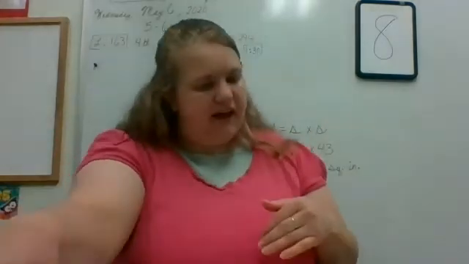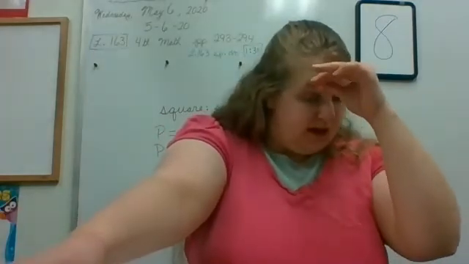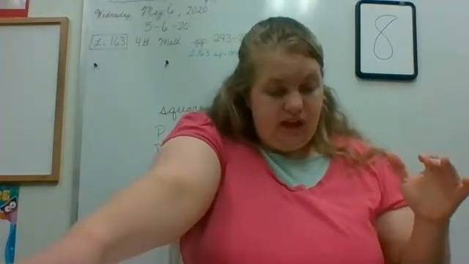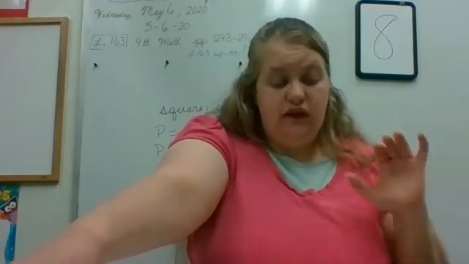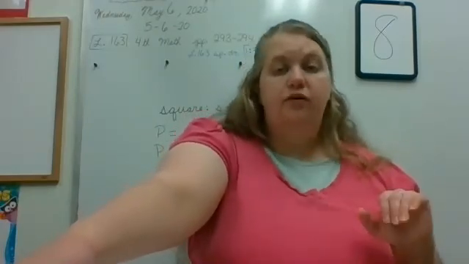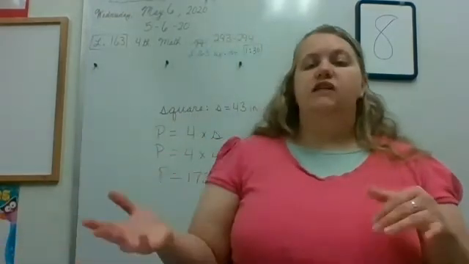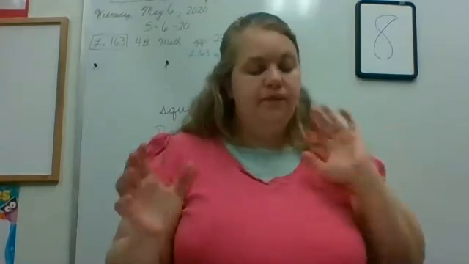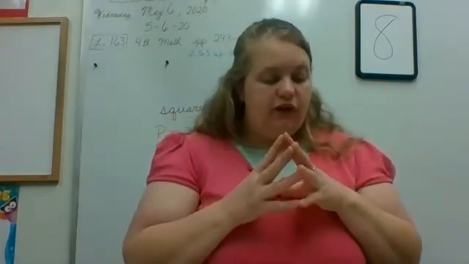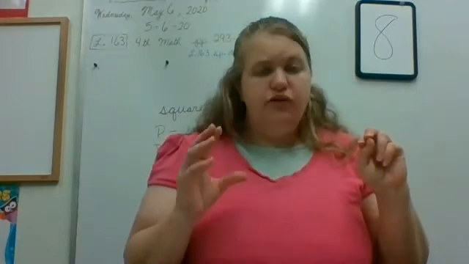So on your page, the first section is just filling in area or perimeter in each of these blanks. If it matches for area, you write area. If it matches for perimeter, you write perimeter, okay? So I want you to do all of those for section 2. Do the black problems.